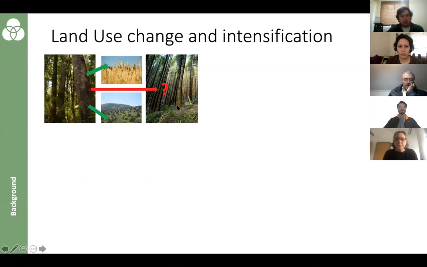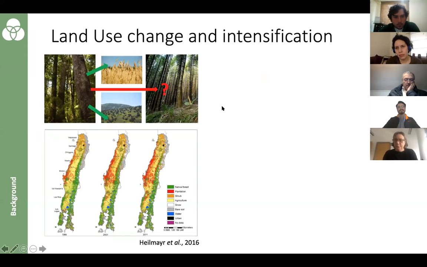Sometimes these forests also change into other intensive uses, which are plantation forests, an alternative to forest into a more productive system for obtaining wood products or cellulose or fiber. And in Chile, there's been a change.